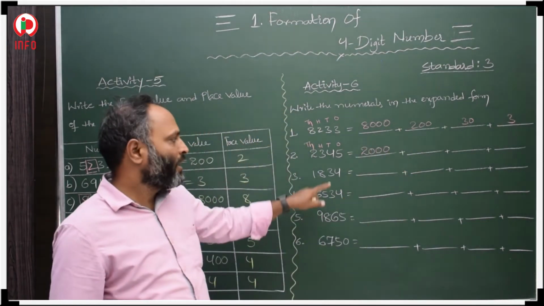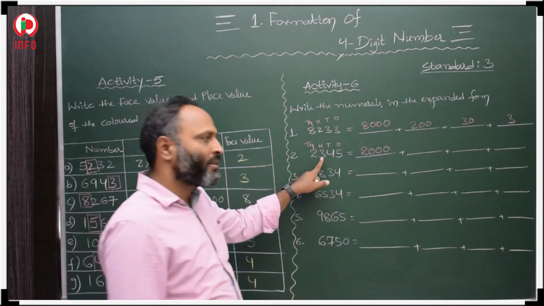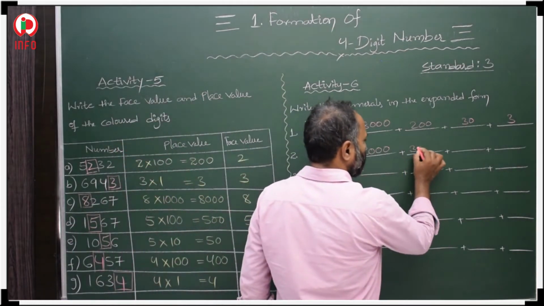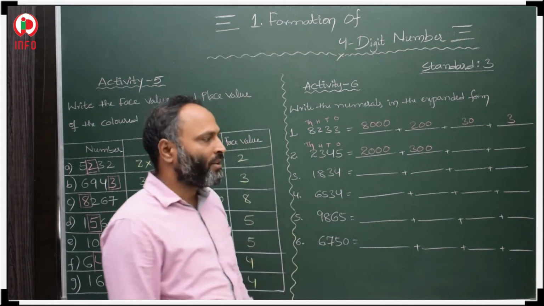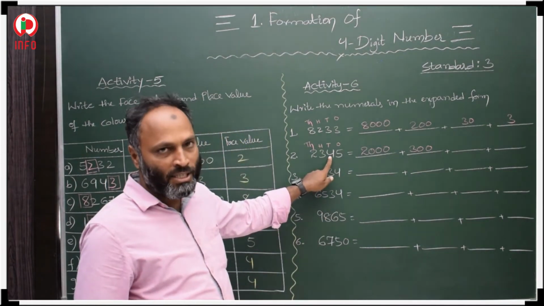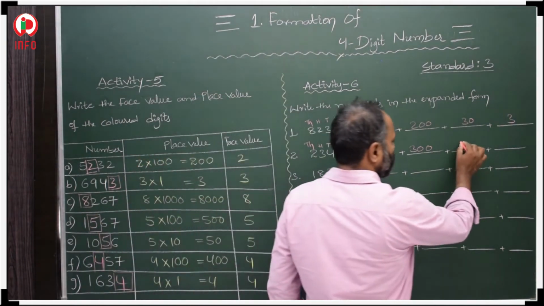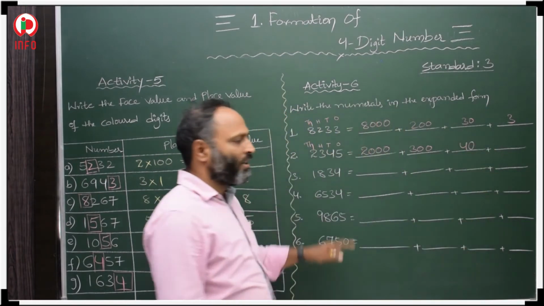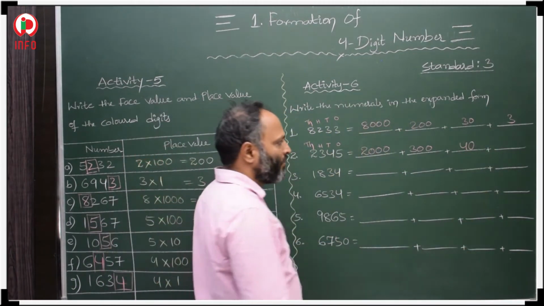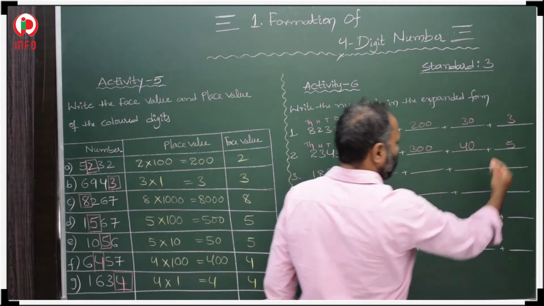Then 3 is in the hundreds place, 300. Then 4 is in the tens place, 40. Then 5 is in the ones place, 5 the same.